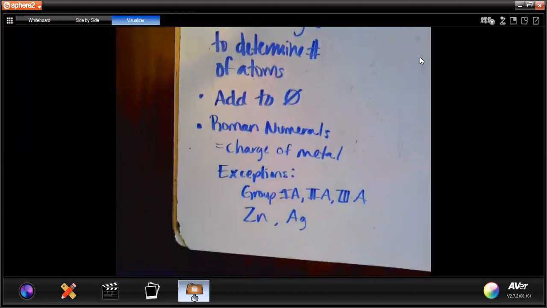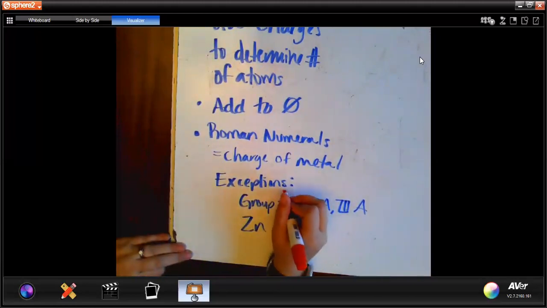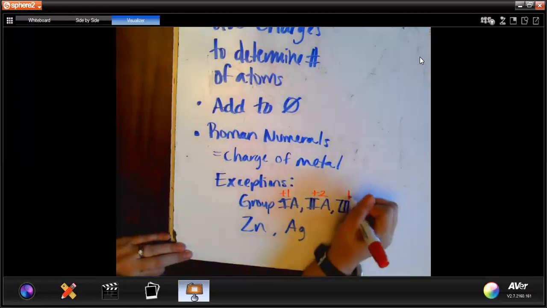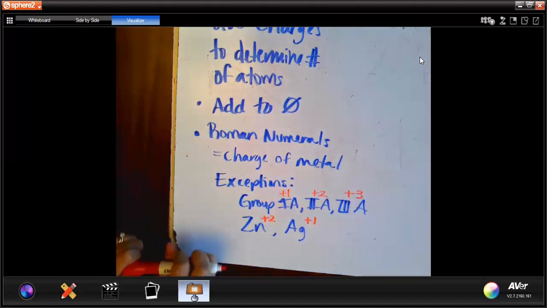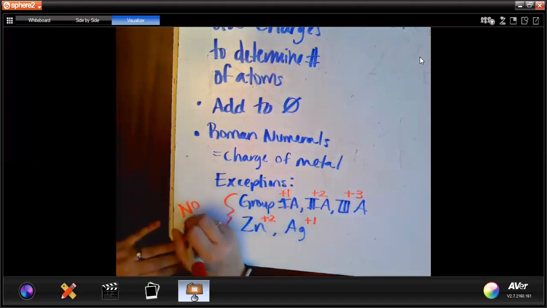And the reason they don't get a Roman numeral is because the metals in group 1A are always +1, group 2A are always +2, and 3A are always +3. And zinc is always a +2, and silver is always a +1. And so since their charges never change, right, they get no Roman numerals. Okay?